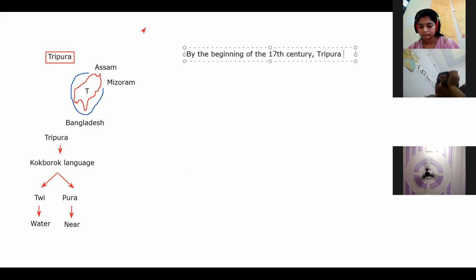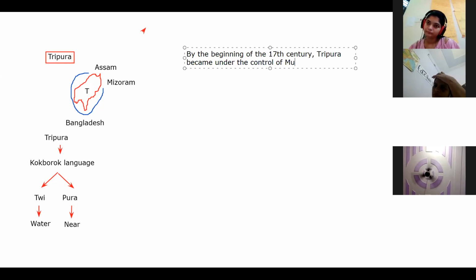By the beginning of the 17th century, Tripura became under the control of the Mughal Empire.